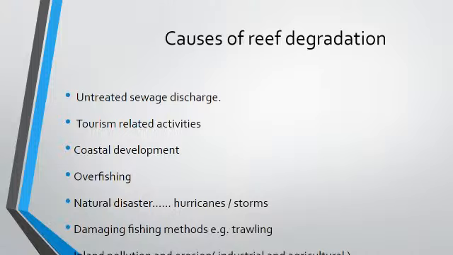The answer for that one was the sewage, because the sewage would have increased the rate of growth of the algae, which would cause it to overgrow, and then it would block out the corals entirely. Next one is tourism related activities, which is what we just saw in the slide before.